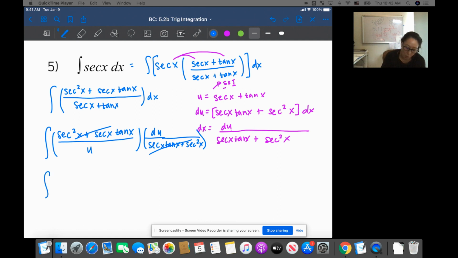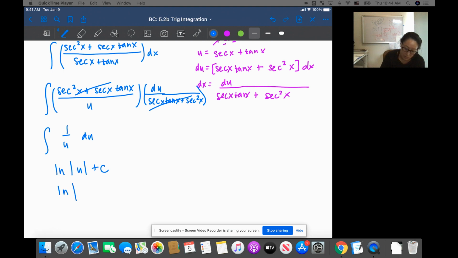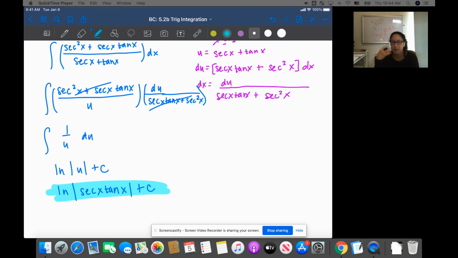Okay, so I get 1 over u du is equal to the ln of the absolute value of u plus c. So replace out my u with secant x plus tangent x plus c. I don't like that. And that's that. That one's harder to remember how to derive. So again, you're probably just going to want to remember that one.